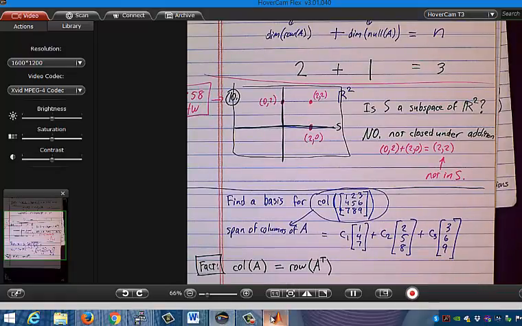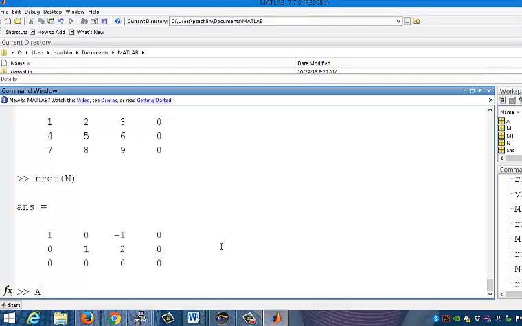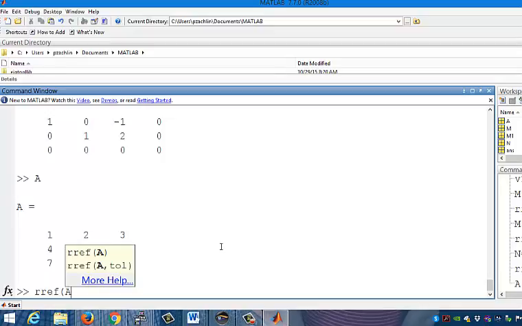Here. I want to find the column space of A. There's A. So what I can do is I can reduce row echelon form not A, but what? A transpose. Right?